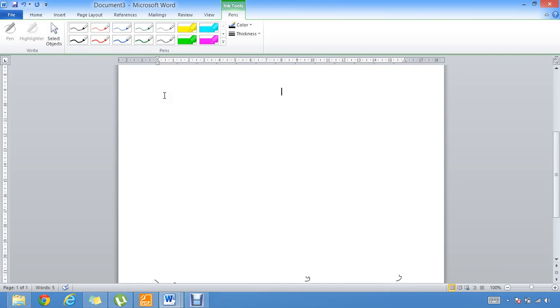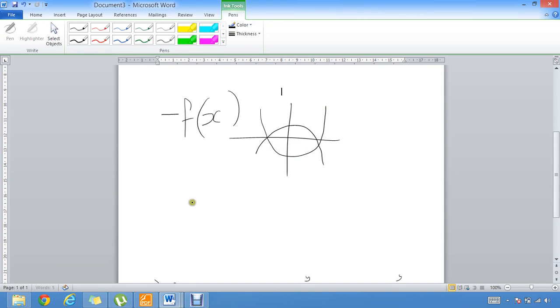Now also please note, if you have reflections, so if you have a minus f of x, this is going to be a reflection in the x-axis. So that's my x-axis here, and a reflection across the x-axis will be this way here.